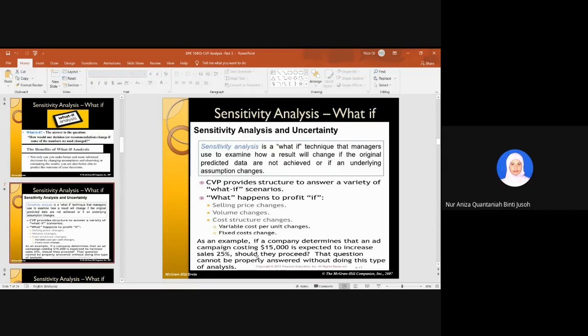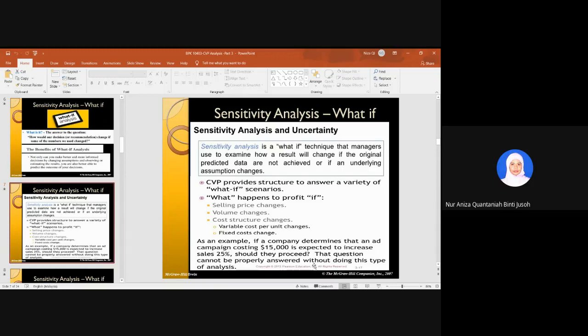They want to know whether they should proceed or not. This question cannot be properly answered without doing this type of analysis, because the information is not complete.